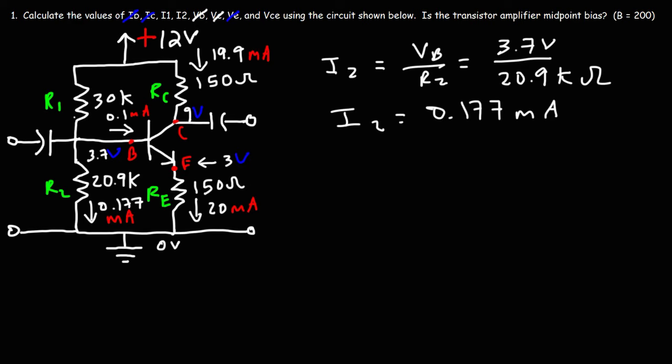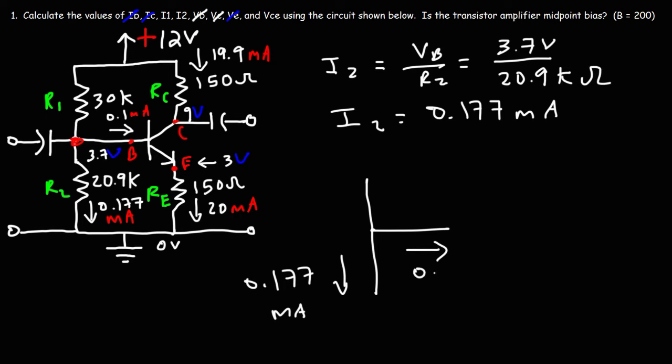So now let's think about this point, which is equivalent to point B. At that point, we have a current of 0.177 milliamps going in that direction, and a current of 0.1 milliamps leaving that junction as well. So the current that's entering this junction, point B, is the sum of those two currents.